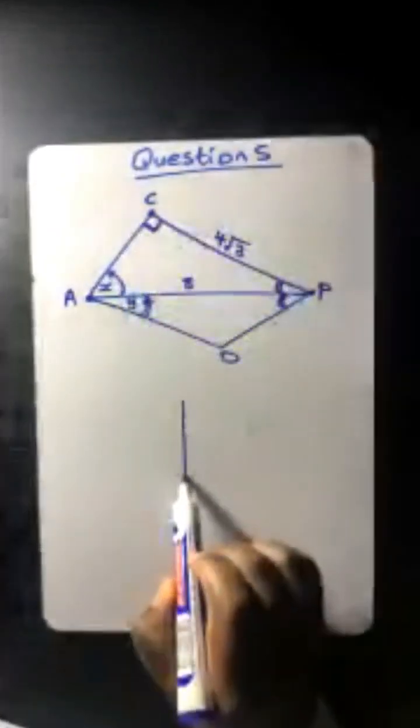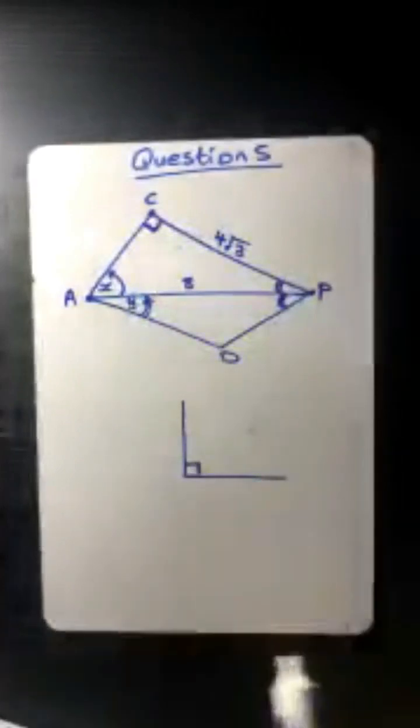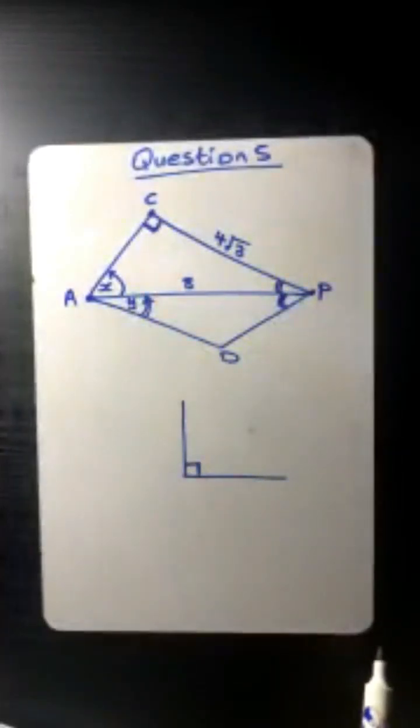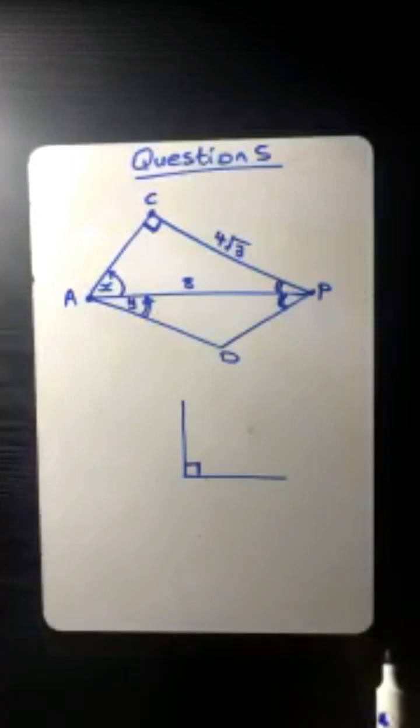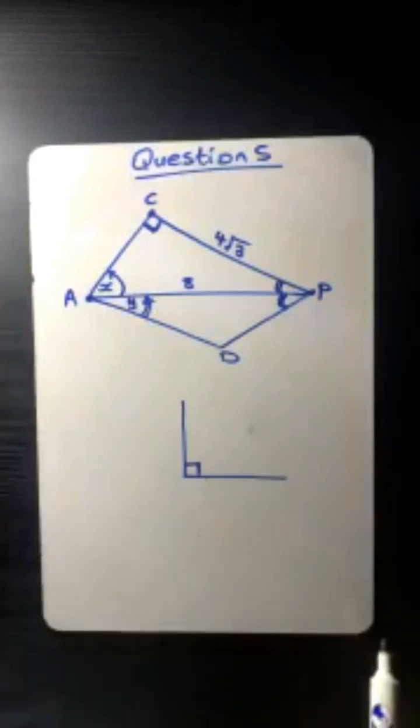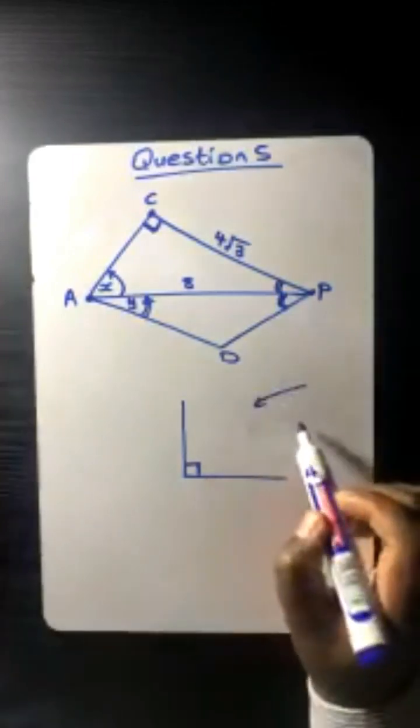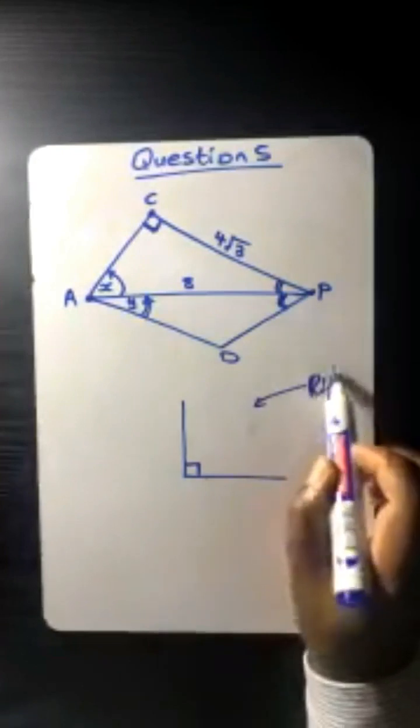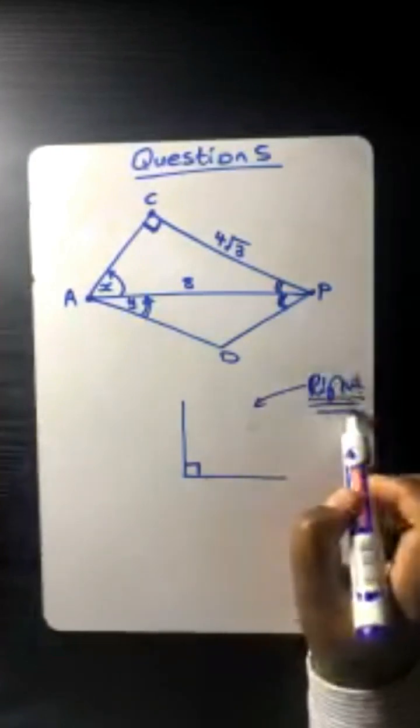Remember, at all times where you see that sign, it means you are having a 90-degree angle. Most importantly, it tells you that this is what we call a right-angled triangle. What does it mean?